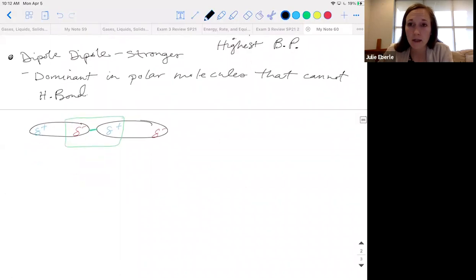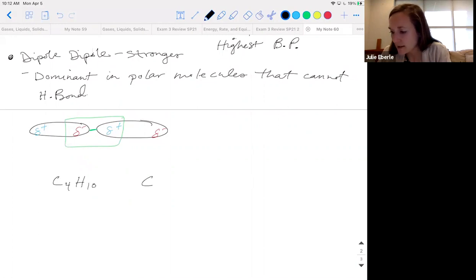Again, look at size. We had an example, I want to say it was C4H10, and then something like C3H-something with O-something, like acetone. They had the same molecular weight, so they were the same size, but one was polar and one wasn't, and you could see the difference in boiling or melting points for those molecules.